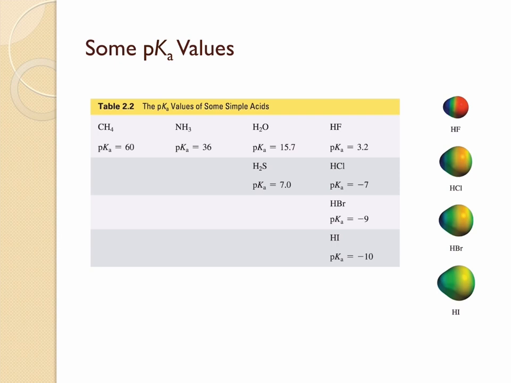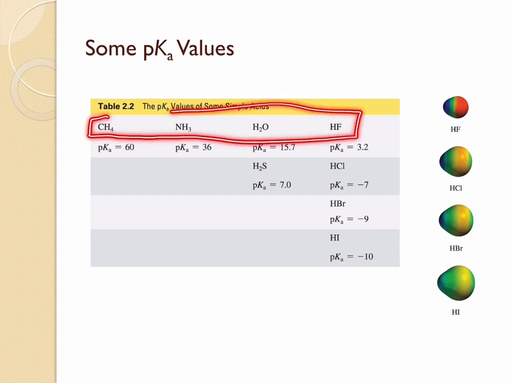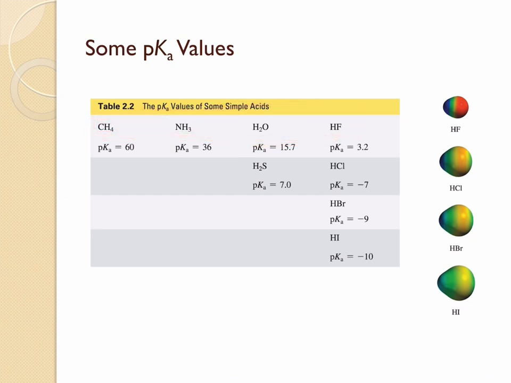Here are the pKa values of some of the compounds. When you compare atoms in the same row, you need to take electronegativity into consideration, where the strongest acid is the one where the hydrogen is attached to the most electronegative atom. So in this case, HF is a strong acid, whereas CH4 is a weak acid.